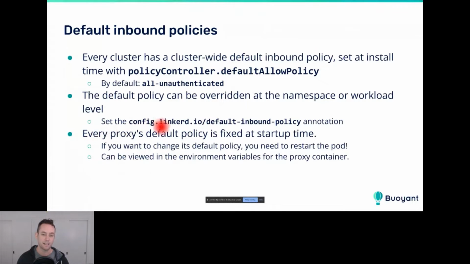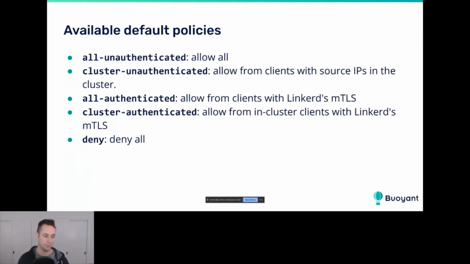The other one is your proxy's default policy is fixed at startup time. So when that pod starts, it grabs its policy, and it doesn't dynamically reload that, right? So you need to restart the pod to change the way policy works, right? For this default, right? Servers and server authorizations are dynamic. I hope that made sense. And if you dig into the proxy, you can see it, and you can also see all your policy stuff in Buoyant Cloud.